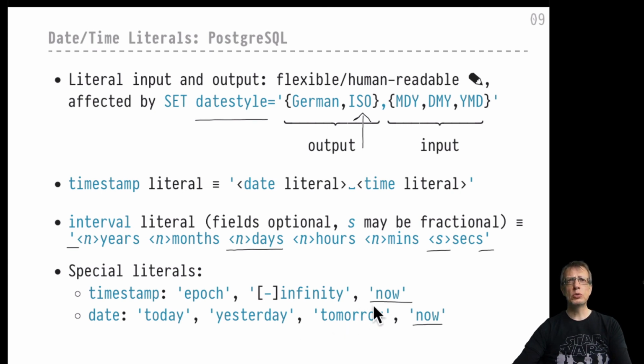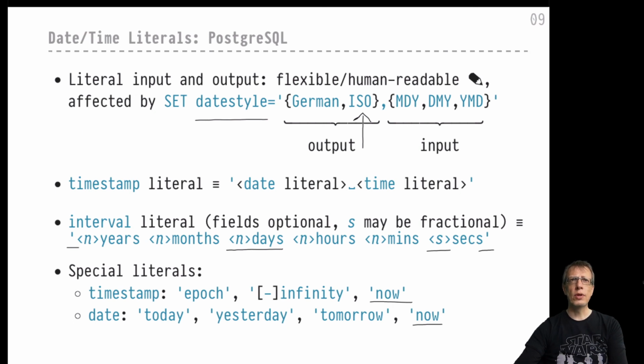Or we could just use the now timestamp, which would cover the date as well as the exact point in time up to a microsecond granularity of system time. So these would be two possibilities to talk about the present point in time. Regarding dates, we can speak of today, we can speak of yesterday and tomorrow. All of these are convenient, human readable, but also machine interpretable notations for dates.